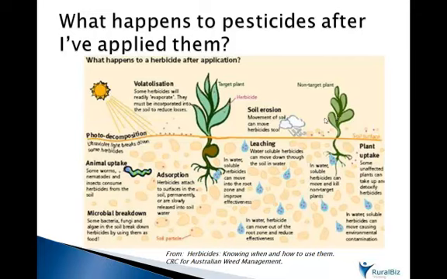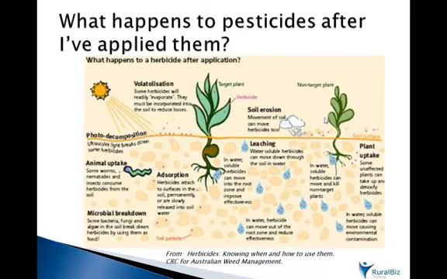Pesticides vary greatly in how long they continue to do their job. Many do not persist for very long. They act on the target, in this case a weed, and then they're broken down into harmless substances very quickly. However, some are made to last for a lot longer time, and these are often called residual herbicides.